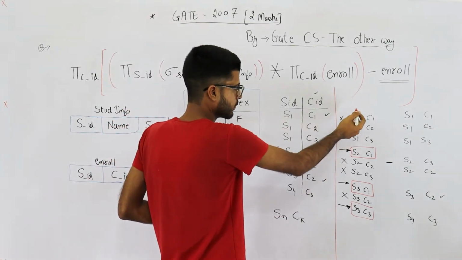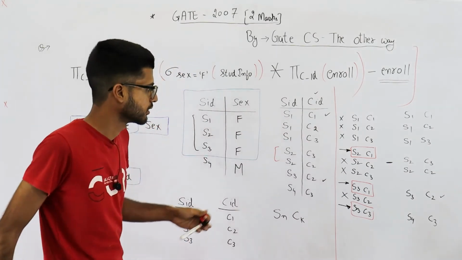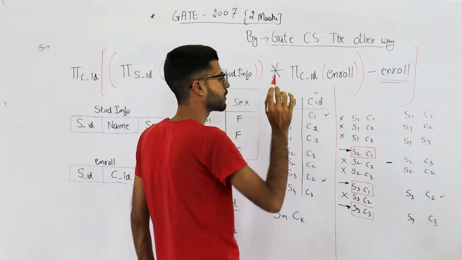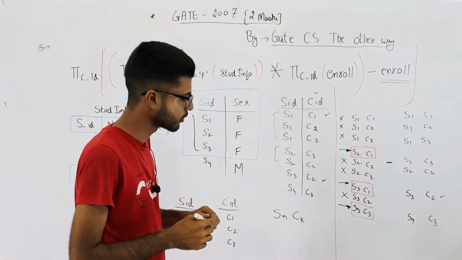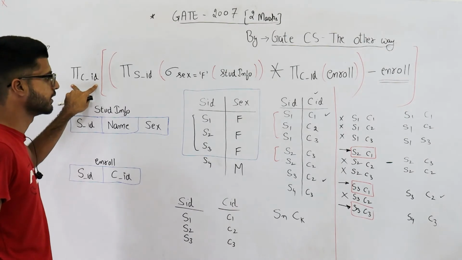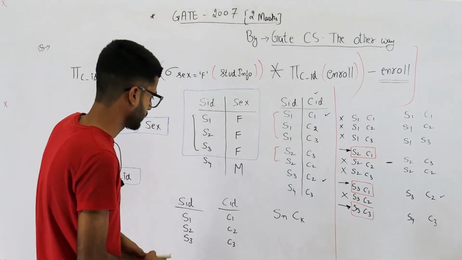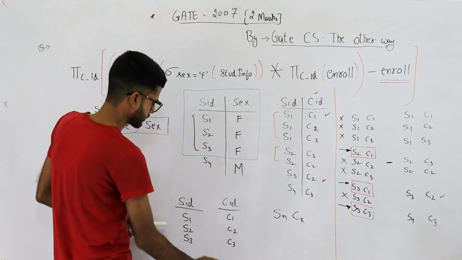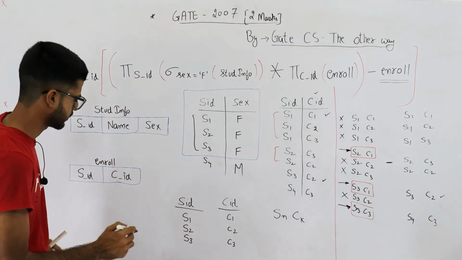And S1 will not be a part of this resultant table because S1 has actually enrolled for all the three courses. Okay. Now you project this CID from this table. I'm erasing this part, or I'll just write down that here.